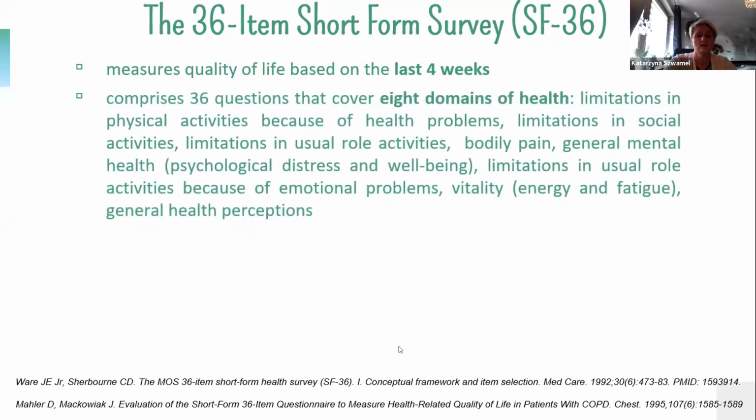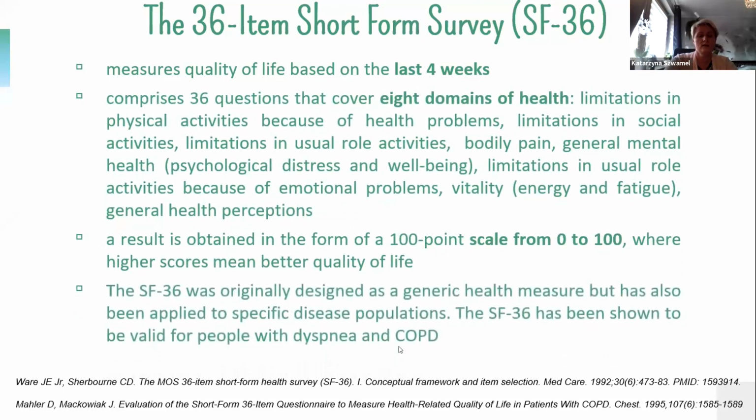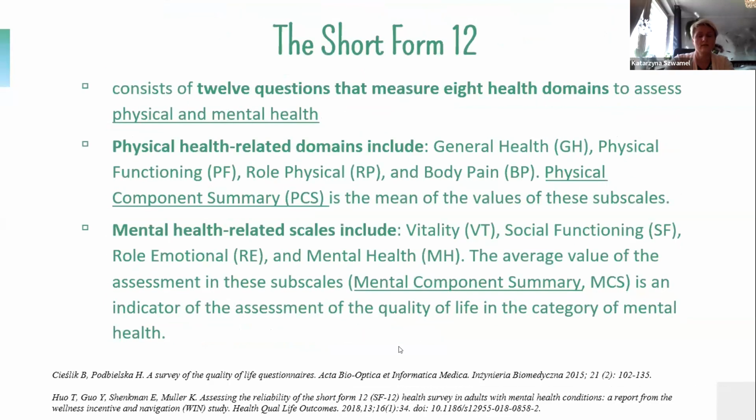This questionnaire comprises 36 questions that cover 8 domains of health. Results are obtained in the form of a scale from 0 to 100, and higher scores mean better quality of life.